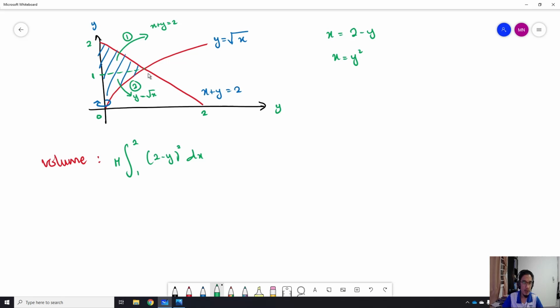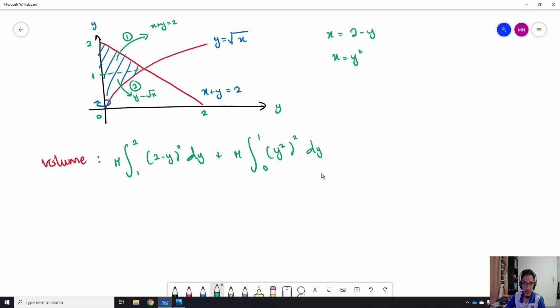For part number 2, we need to add another pi because it's another volume. For 1 to 0, for the equation of y squared, and another bracket squared, dy. Oh sorry, right down here I mentioned x, I should mention y.